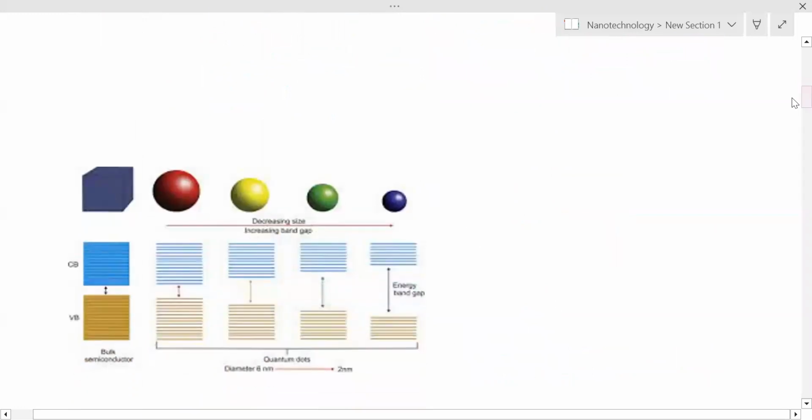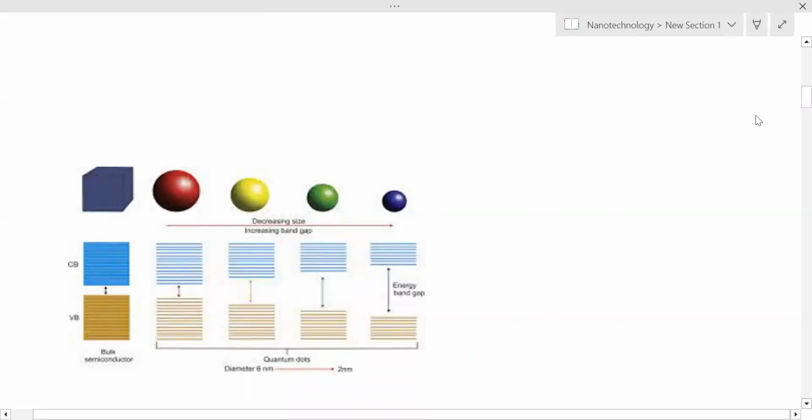When we make a material less than 100 nanometers, it has properties different from the bulk material. For example, semiconductors have a band gap.